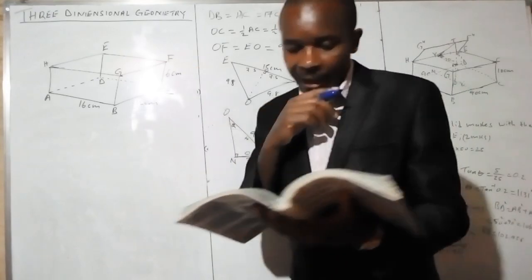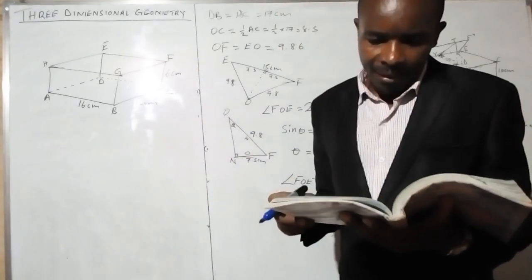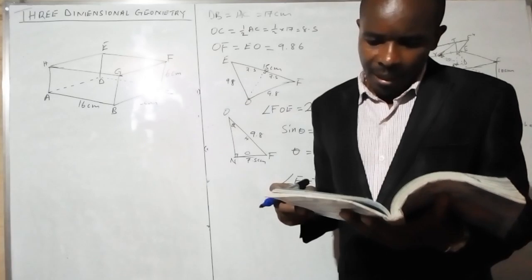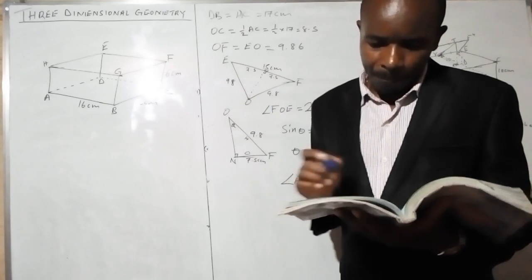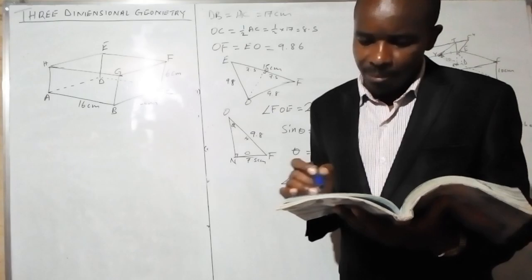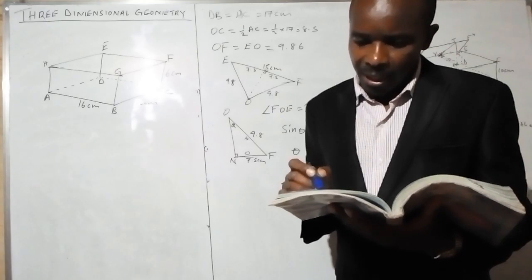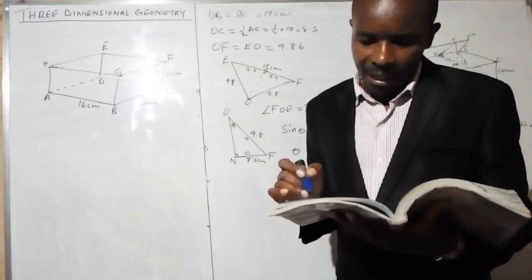A. Name the projection of the line BE on the plane ABCD.